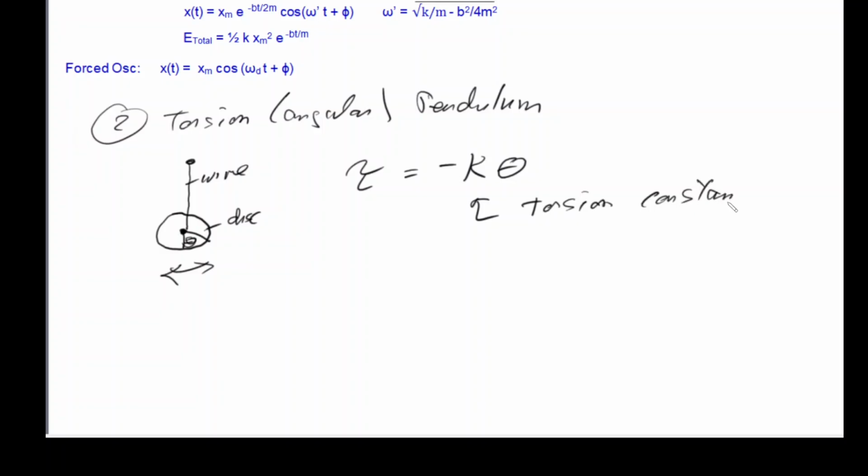So that's capital K, or kappa. Well, we can then find that the period is equal to 2 pi times the square root of the inertia over K. And I is the rotational inertia of the disk.